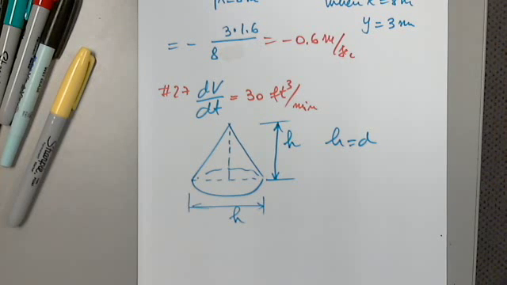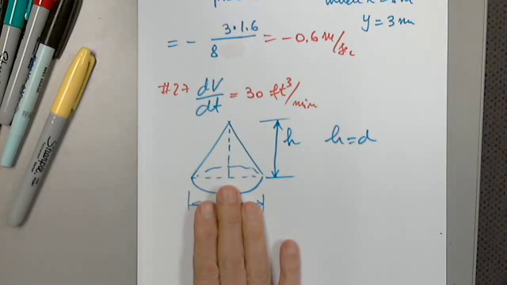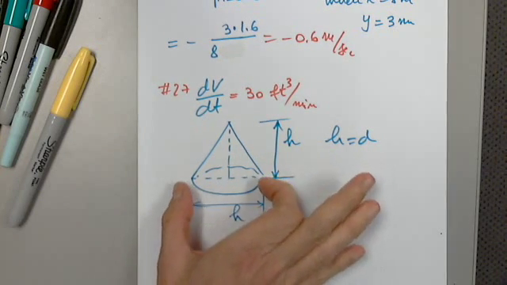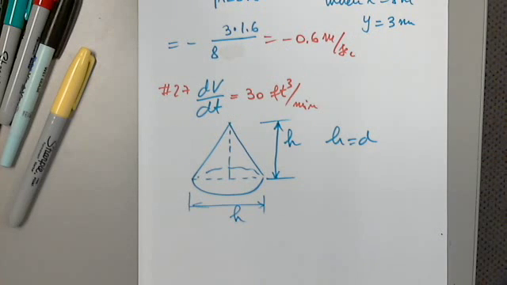Gravel is being dumped from a conveyor belt at 30 cubic feet per minute. It forms a cone where the base diameter and the height are always the same. How fast is the height of the pile increasing? When, and remember the rest is not for now, when the pile is 10 feet high. So what are we asked to determine?